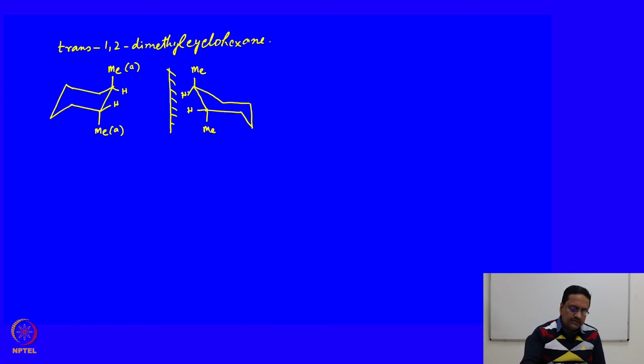This molecule which was diaxial still remains diaxial as its mirror image, and then when we flip the diaxial conformer, what we get is this one.